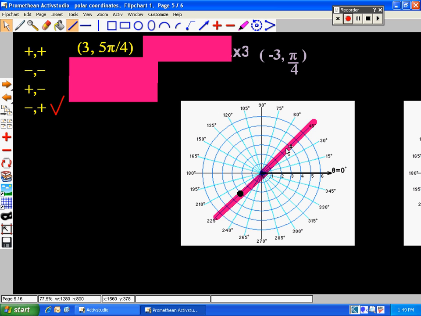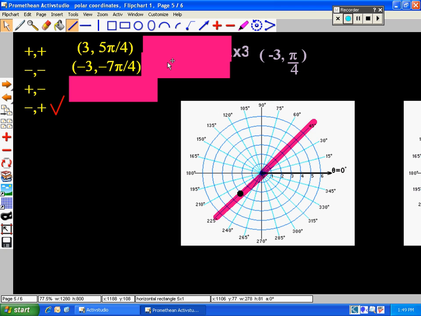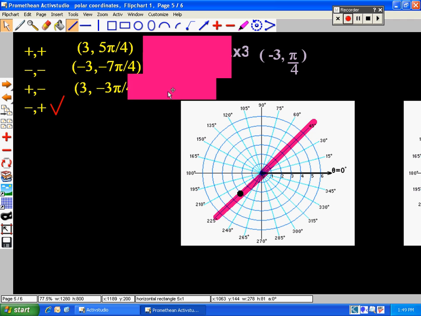Then say go in the opposite direction, negative 3. So here's the negative. And the positive negative would be just what we said before. Negative 3 pi over 4 and go out a positive 3. So there are the other possible names of this same point. So this point has really infinite possibility for answers, but there are 4 important ones. The positive, negative, positive, and negative, positive. This one was given to me, so I didn't have to worry about finding it, but I used it to help me find these other 3.